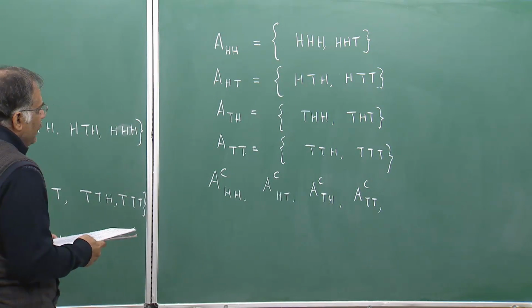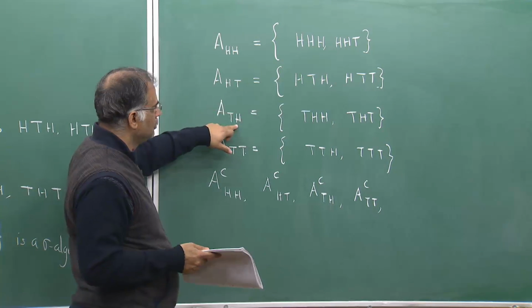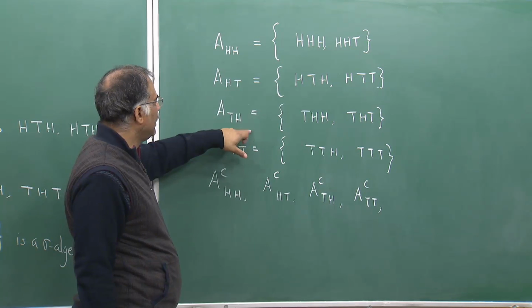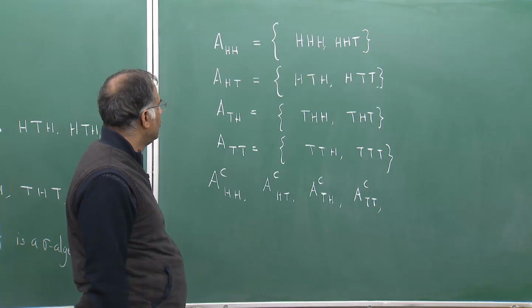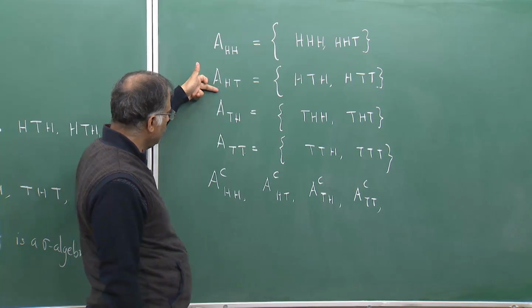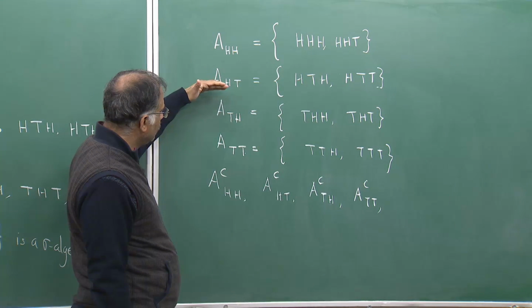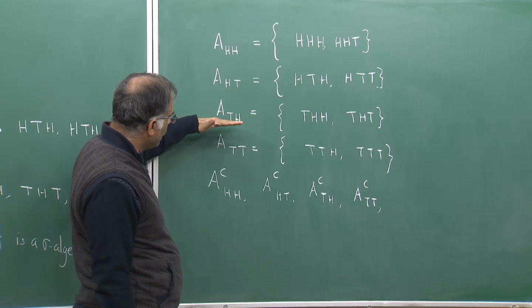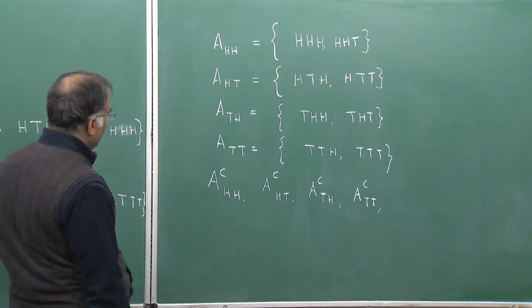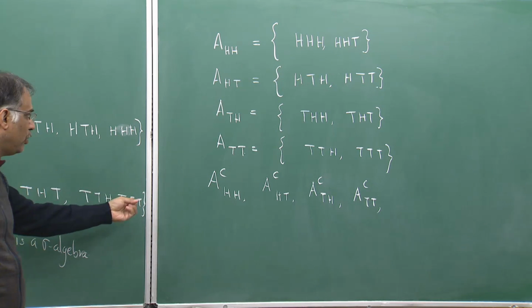For example, if I take this union, such a union does not appear in any one of these sets already known.